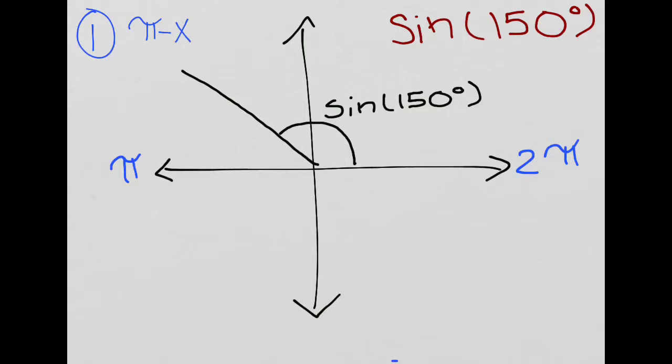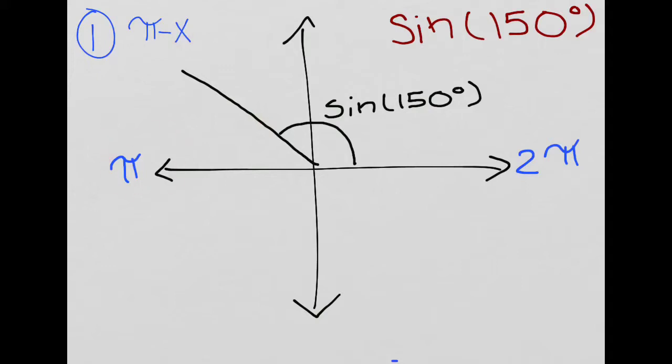So here I have an example, sine 150 degrees, and what we want to do is find the related angle of sine 150 degrees. So we graph 150 degrees, and we look for the x-axis it is closest to. It's closest to pi.